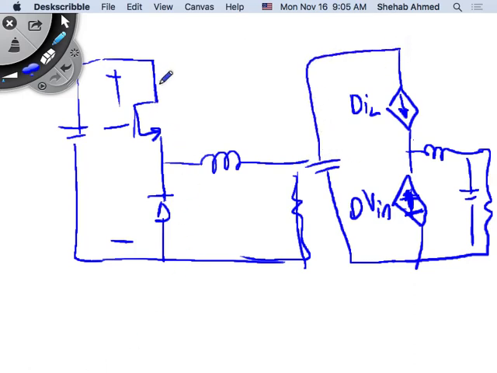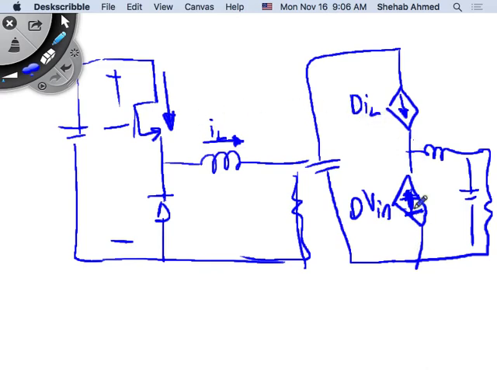Right? So this current was flowing through here. This current is a portion of this. What portion? The portion that depends on the duty cycle, because this is the switch. If this was a diode, it would have been 1 minus D times IL. But because it's a switch, it's D times IL.